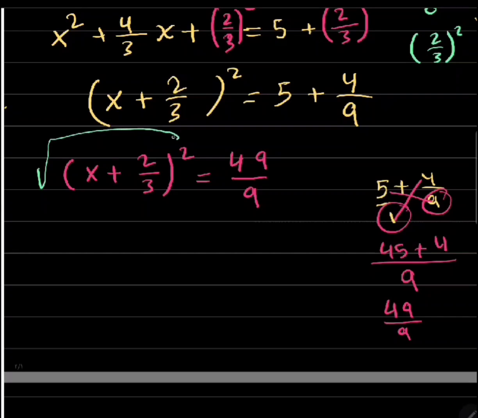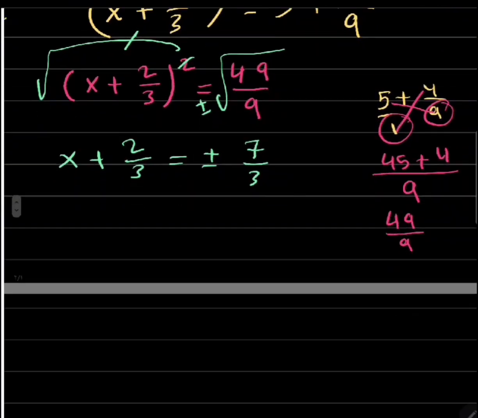We can take the square root on both sides, and put a plus and minus sign on this side as well. So you can see this square and square root undo each other. We got x plus 2 over 3 equals, the square root of 49 is 7, and the square root of 9 is 3, with a plus or minus sign.